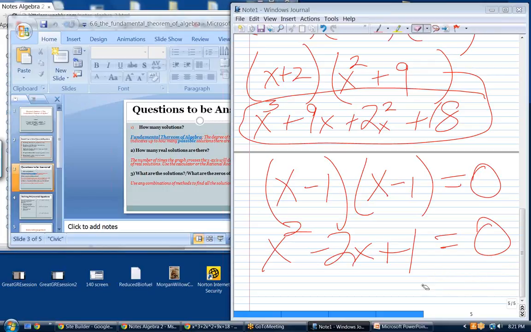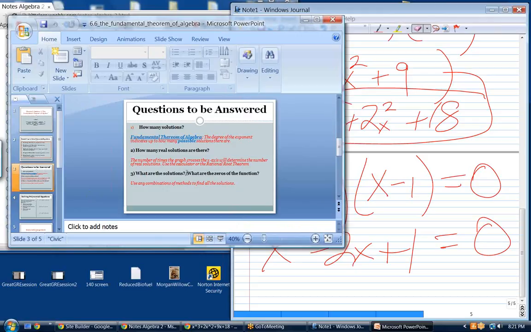We say that if something has two solutions that are the same, then it has one solution with multiplicity of 2. Or if it's x minus 1 times x minus 1 times x minus 1, then it would have multiplicity of 3. The number of times the graph crosses the x-axis will determine the number of real solutions.